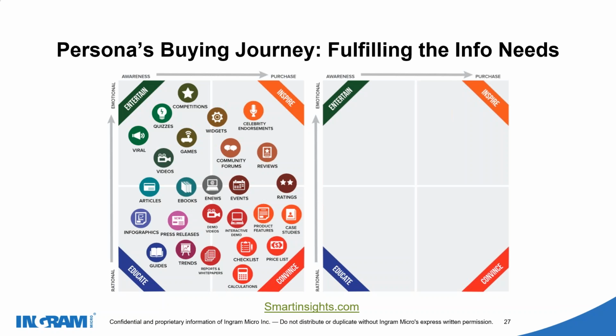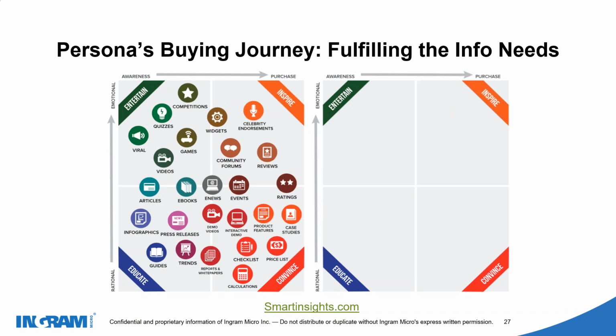And as you can see on the screen here, in the left-hand box, the content is usually designed around educating, entertaining, inspiring, or convincing. That's to appeal to the different styles of people and their different needs at different stages. The more rational items are the educating and convincing, and the more emotional are the entertaining and inspiring.